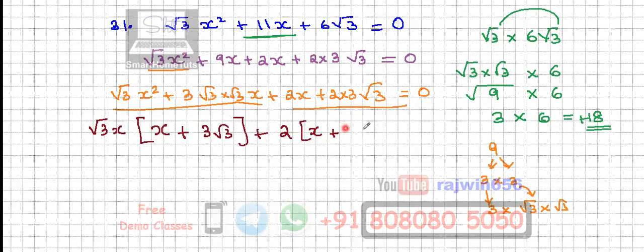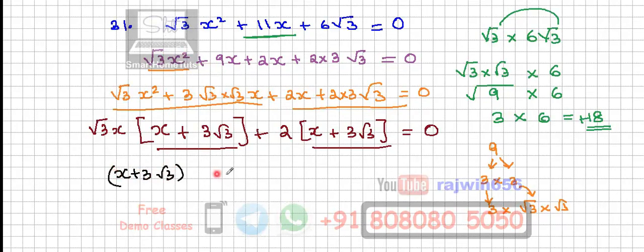So this will be 3 root 3 is equal to 0. Now you can see over here these terms are x plus 3 root 3. So I'm going to write here the first part, x plus 3 root 3. The other part is root 3x plus 2 is equal to 0.